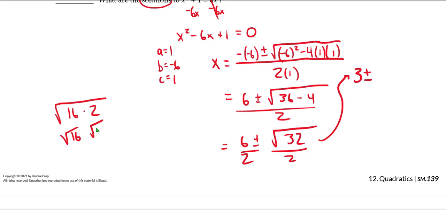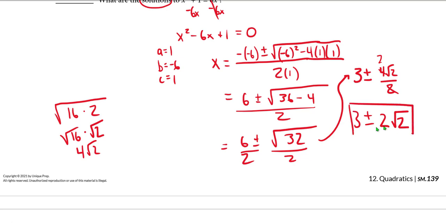That root of 16 times 2 can be broken into root 16 times root 2, and of course root 16 is 4, so I'm going to do 3, that was the 6 over 2, plus or minus 4 root 2 over 2, and there is one more bit of cleaning up I can do here because I can cancel the 4 and the 2 and get a 2 up here. So I just get 3 plus or minus 2 root 2.